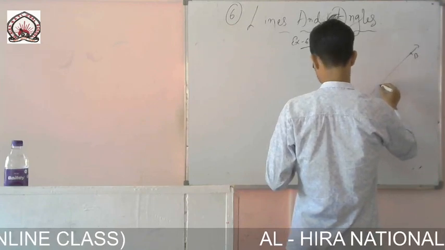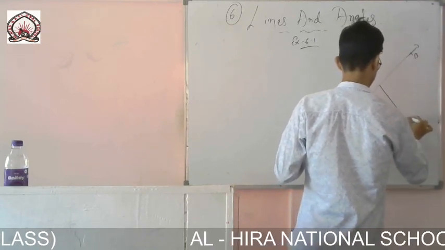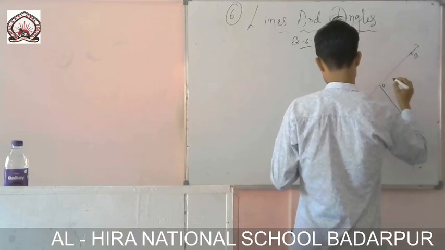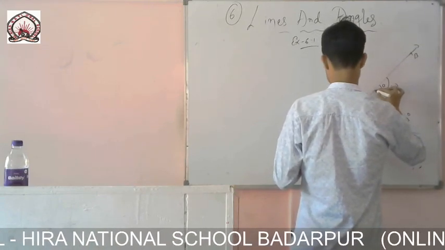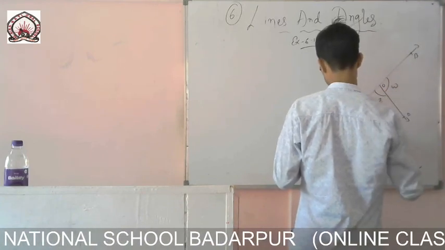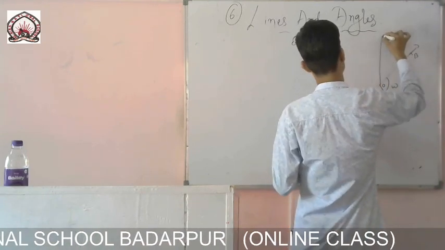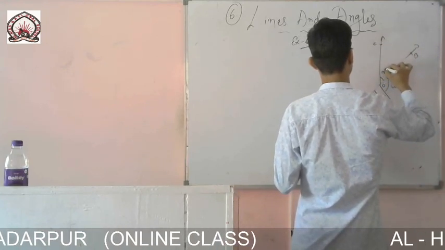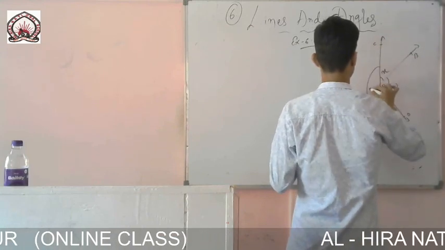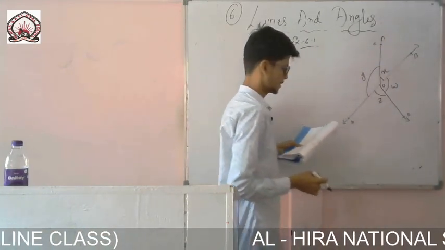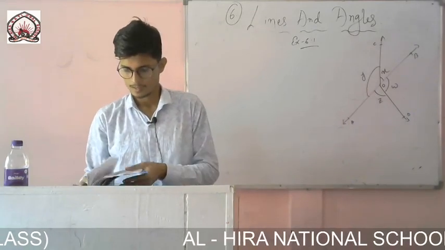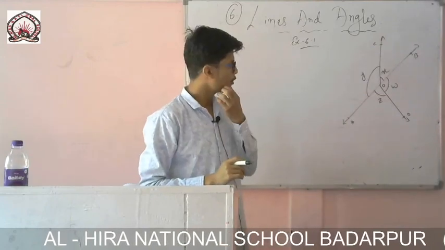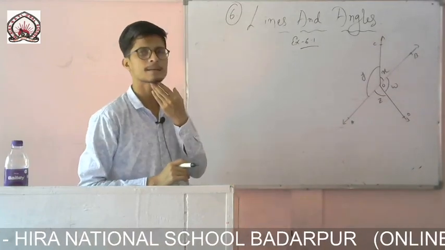Then another one, it is given like this, it is given D. There the intersection point is given as O, this one W, this one Z. Then another angle is given as X, and the remaining part is given as Y. So you see here, this is the figure. So the question is to prove that AOB is a straight line.